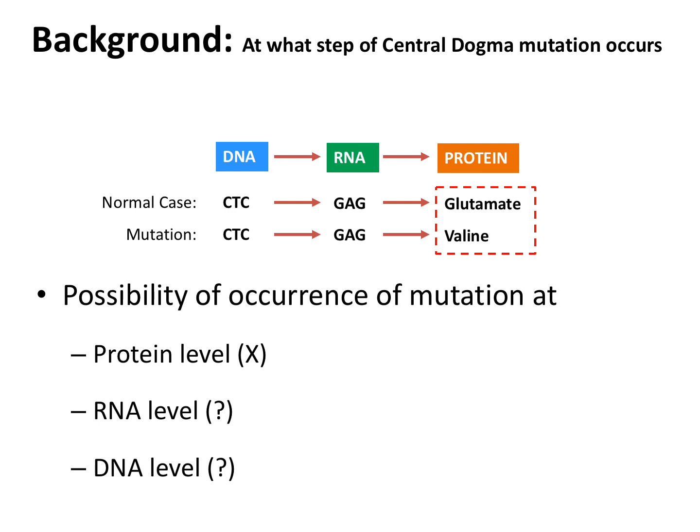The point to be noted is that if a mutation happens only at the translation level, the cell will produce only one mutated HbS for each mistake.